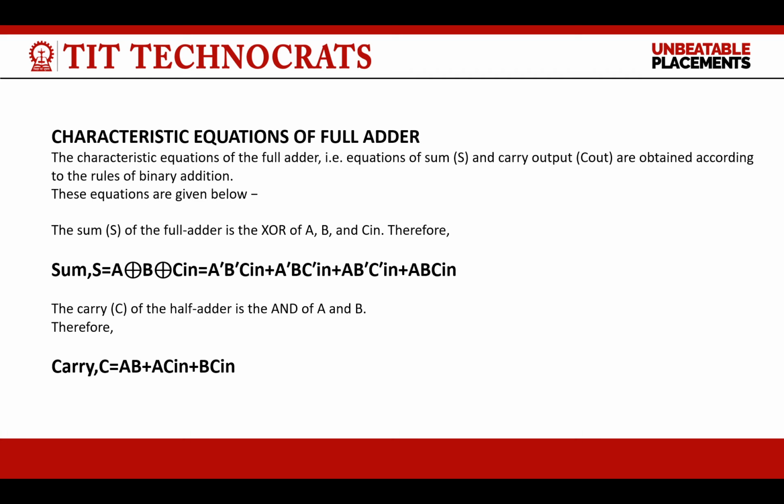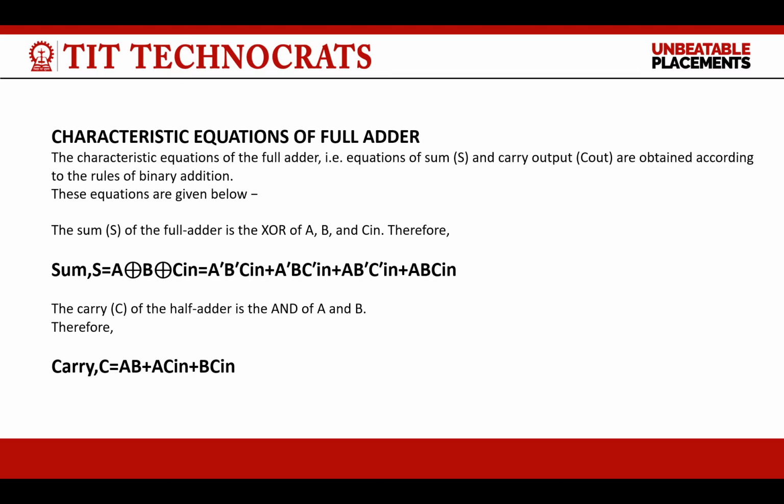The characteristic equations of the full adder, that is the equations of the sum and carry outputs, are obtained according to the rules of binary addition. These equations are given below. The sum S of the full adder is the exclusive OR of A, B and C in.